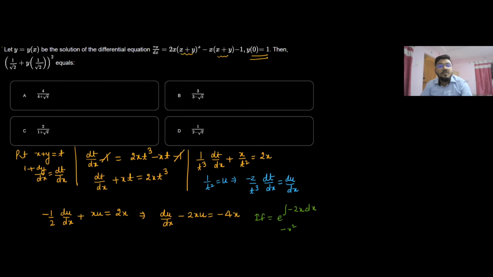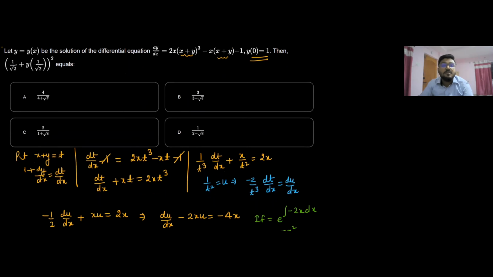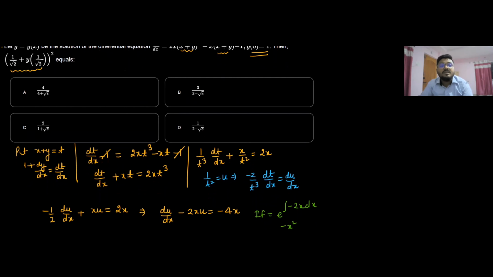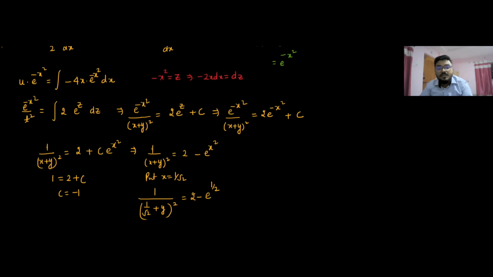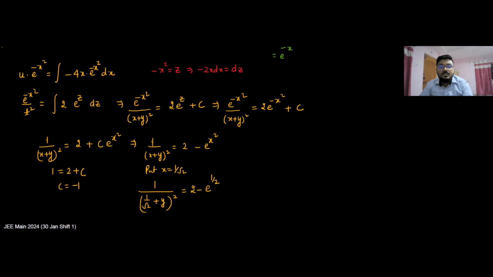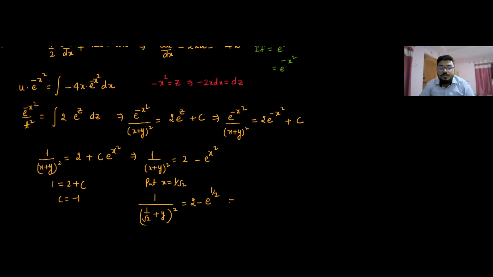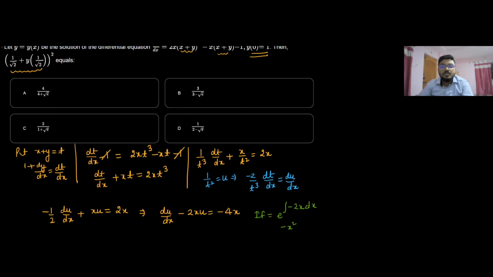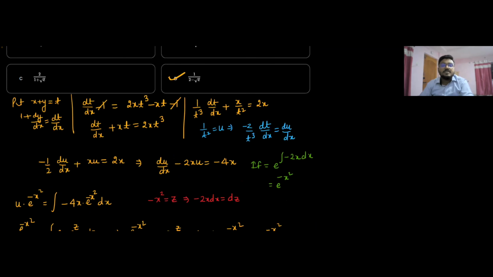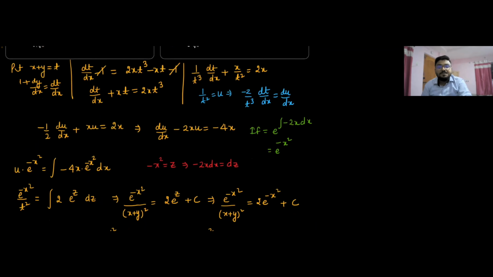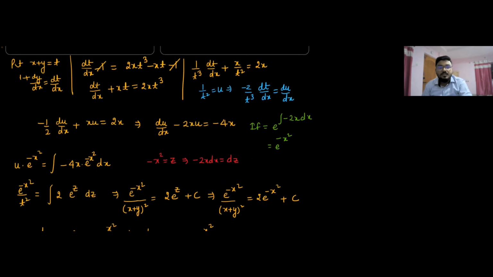Next they were asking for the same thing, 1 by root 2 plus y whole square, which already we have here. So what we should do is just shift the terms. So 1 by root 2 plus y whole square we can write as 1 by 2 minus root e. And this is your answer. 1 by 2 minus root e. That is option D. So again, we can see this is reducible to linear form.